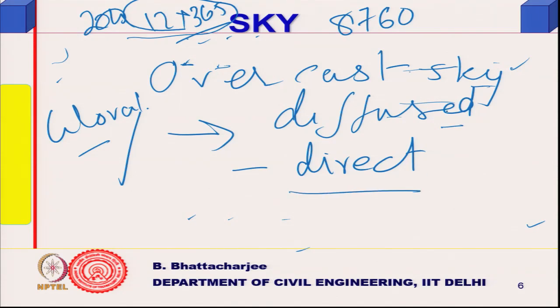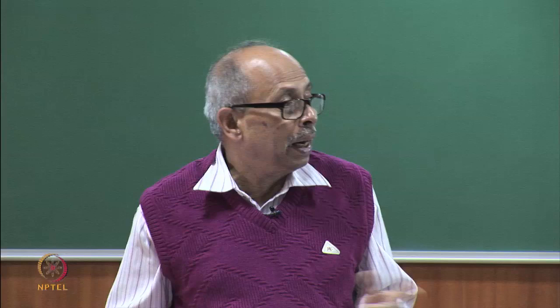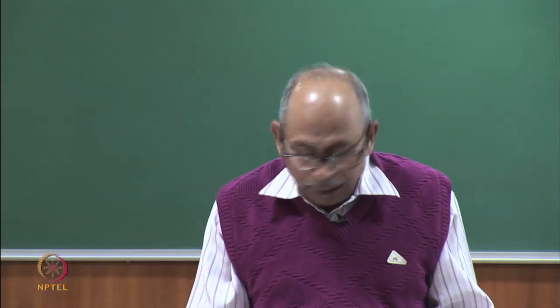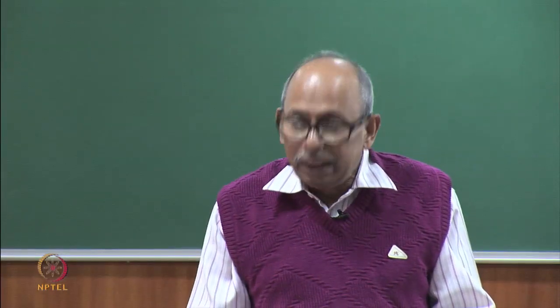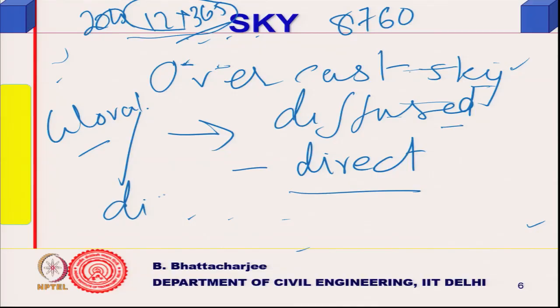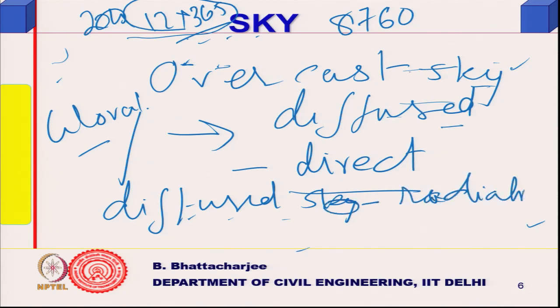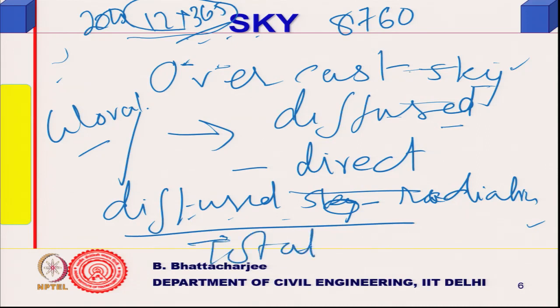In an overcast sky, which will be more? Right. So, what is done is you can relate the ratio of diffused sky radiation divided by total, that is global radiation, total radiation, that is diffused plus direct.